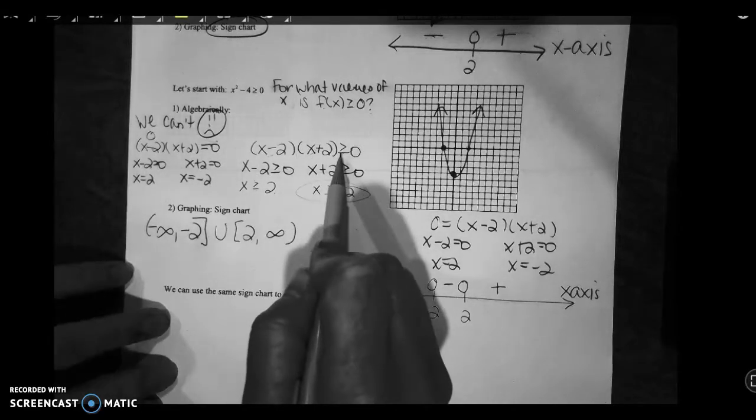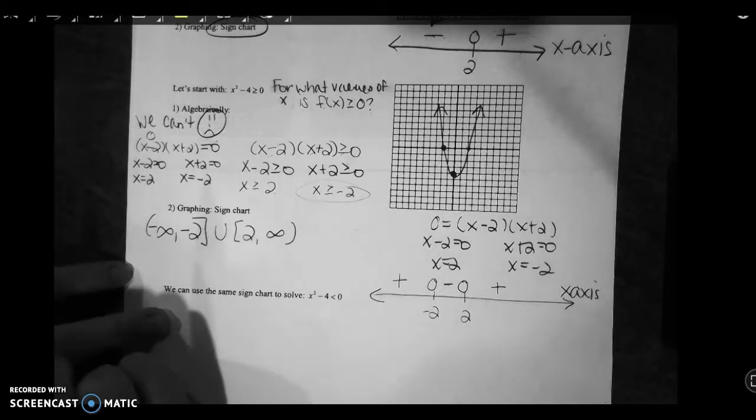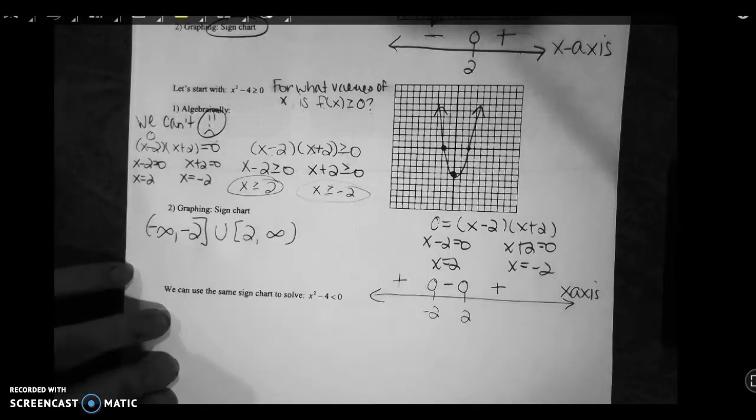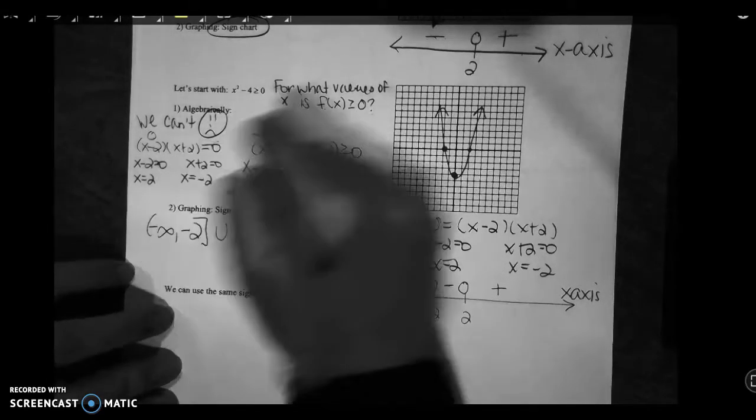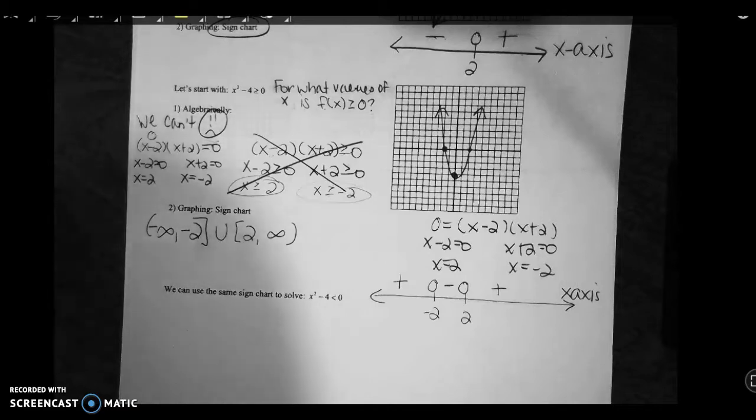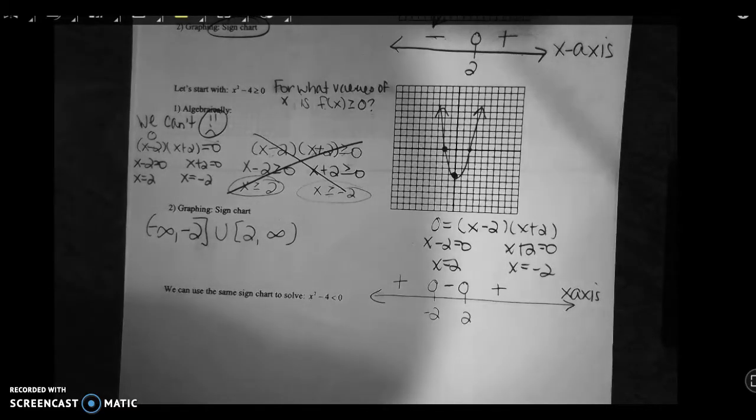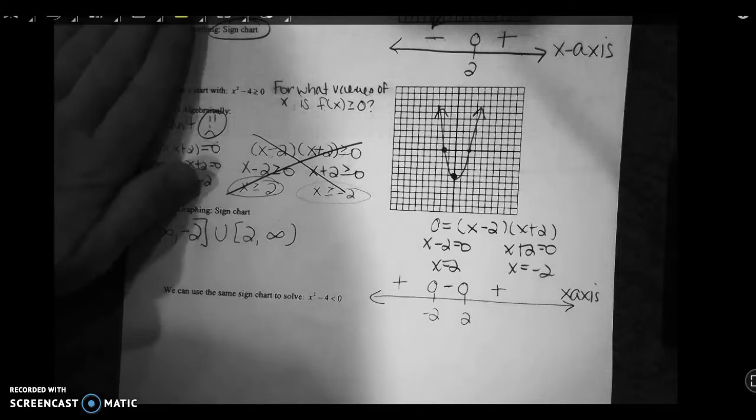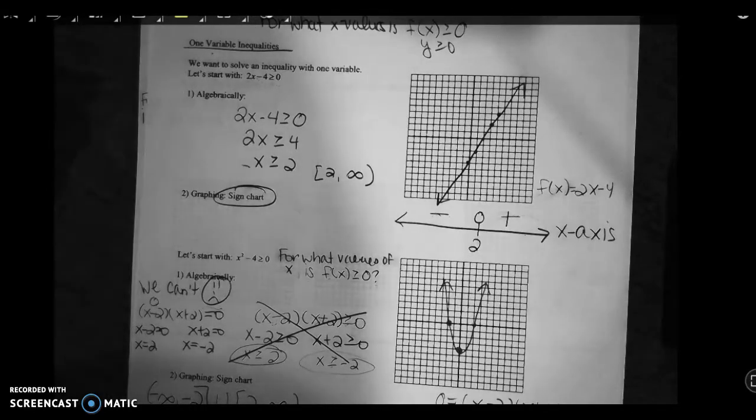But if you're taking this greater than or equal to 0, there is no property that says, oh, if this is greater than 0, the product is going to be greater than 0. Nope, we can't do it. So we have to work these one variable inequalities that you're getting ready to see. We have to work them graphically. The reason linears work is because it is simply just linear.